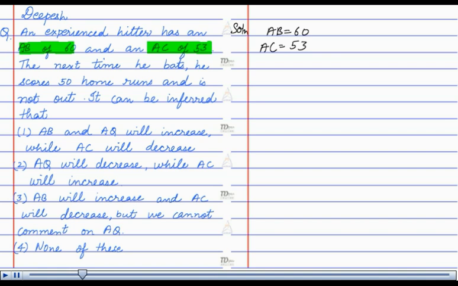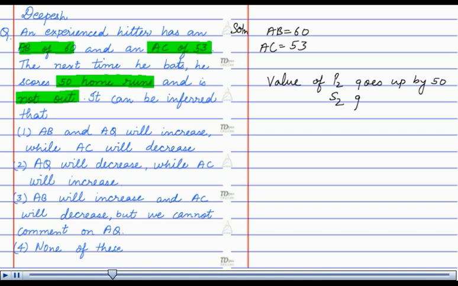Also, the next time he bats, he scores 50 home runs and is not out. Therefore, the value of P2 goes up by 50 and that of S2 goes up by 1.